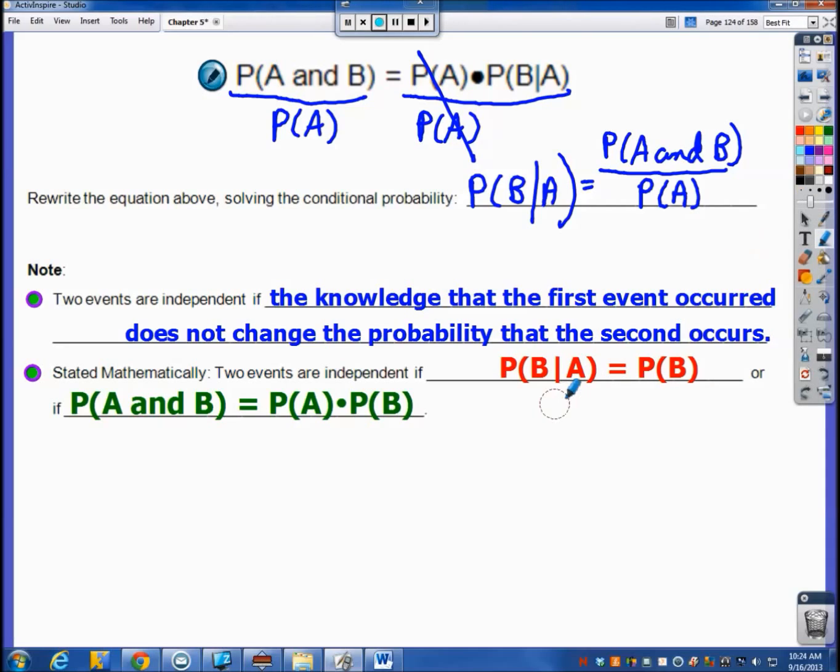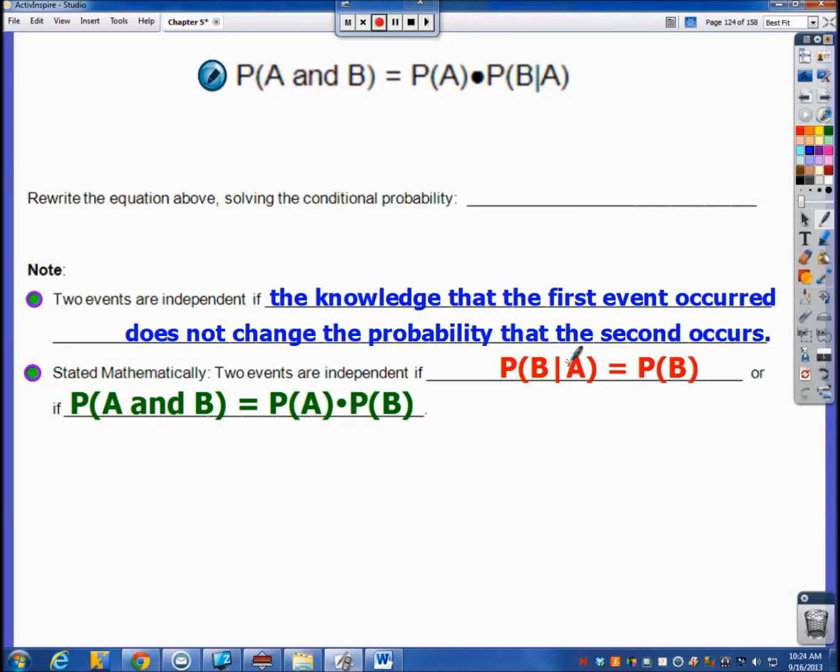If A has no effect on B, given that you know A occurs, then it's like it's not even really there. Like, who cares if A happened? It's just the probability that B is there. So if A has occurred or not, it really doesn't matter. It's still just like saying the probability that just B happened.